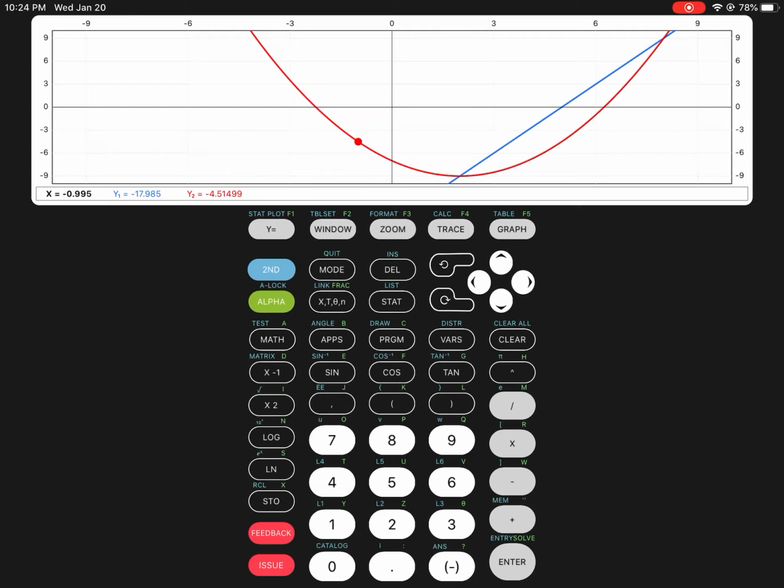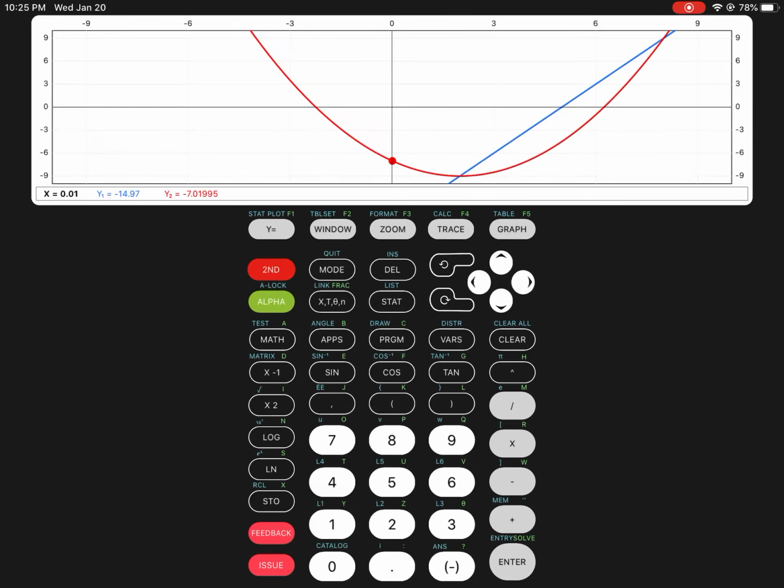You can trace, there's that button that says trace near the graph button, and it'll move your cursor around, so you can guesstimate where that would be. Or if you would like to use the calculate menu, the calculate button is the same as the trace button. Notice above trace it says CALC, that's calculate. In order to access the blue word, remember you push the blue button first.